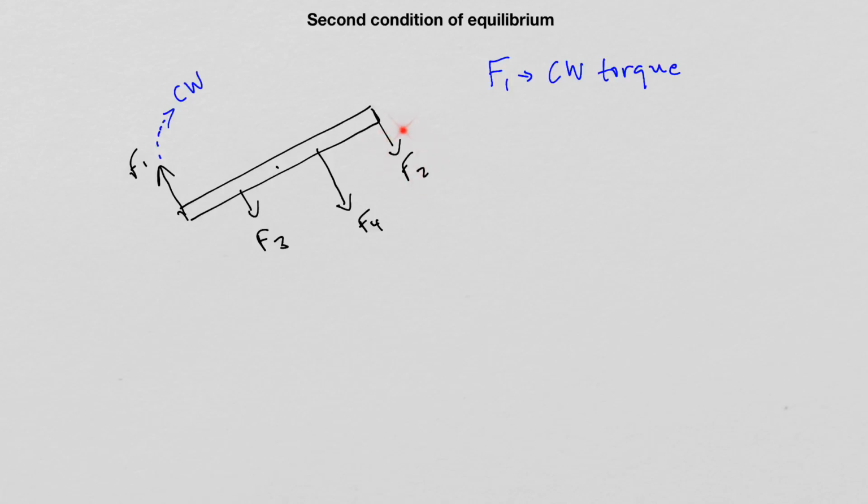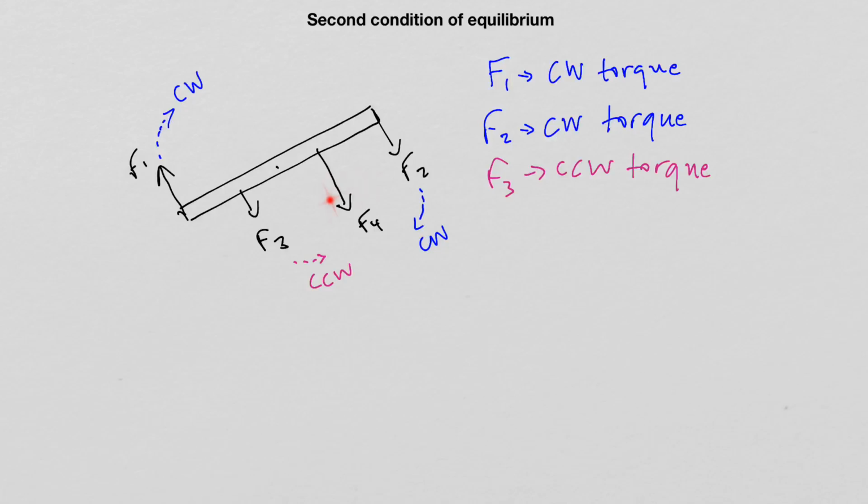Then F2 also wants to rotate the stick in clockwise direction. So F2 also generates clockwise torque. F3 wants to rotate the meter stick in counterclockwise direction. So the force F3 will generate counterclockwise torque.